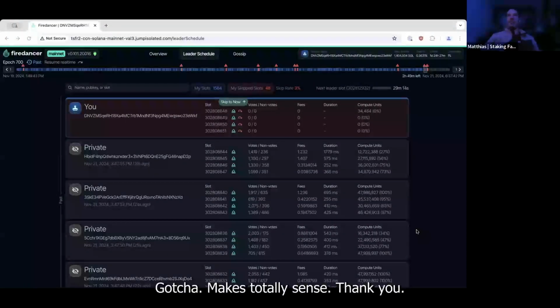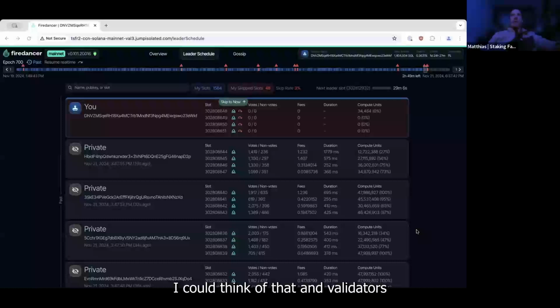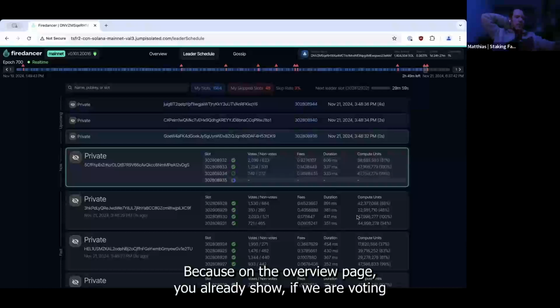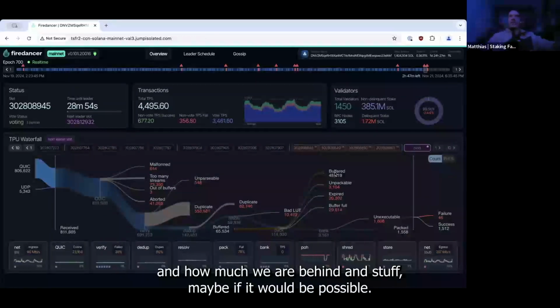Okay, gotcha. Makes total sense. Thank you. And since you asked if we have ideas for the future for this GUI, I could think of something validators would like. On the overview page, you already show if we are voting and how far behind we are.